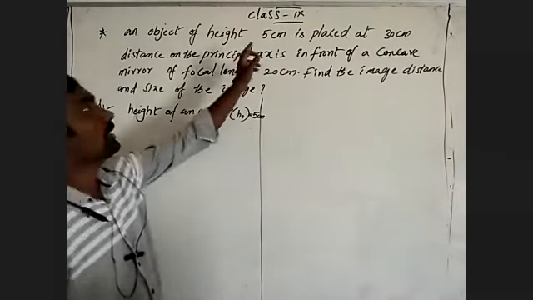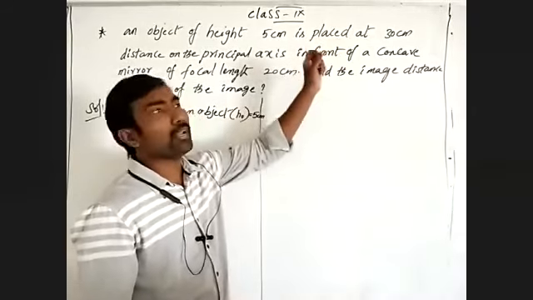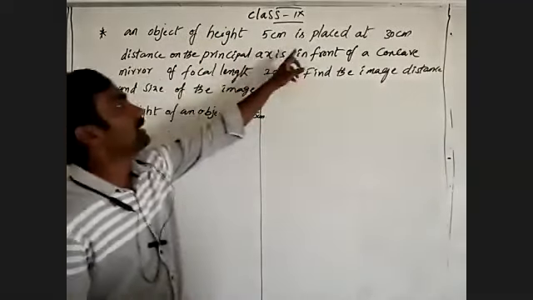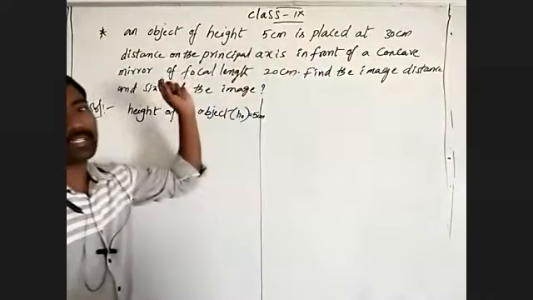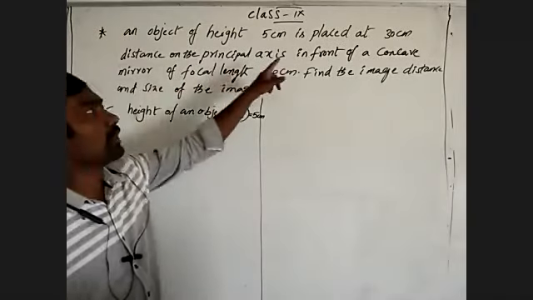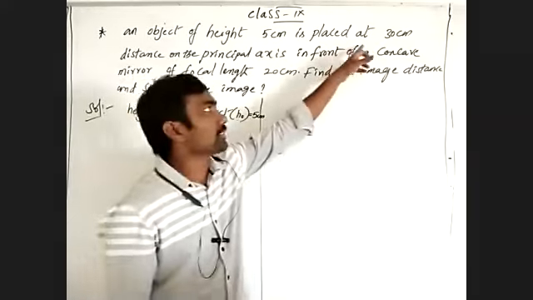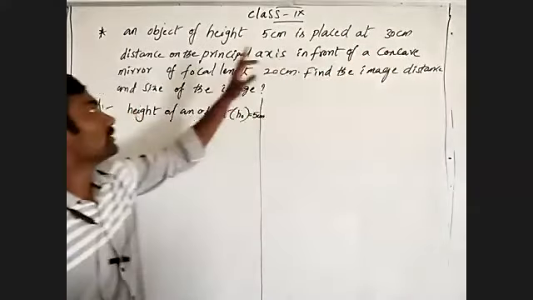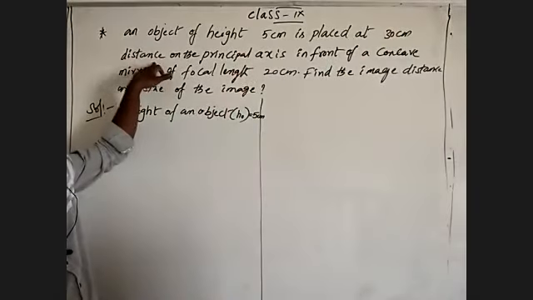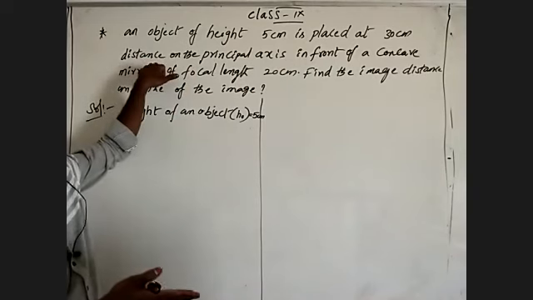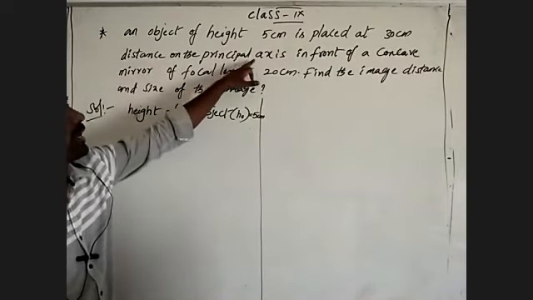Then, the object is placed. Where is it placed? At 30 centimeter distance on the principal axis.